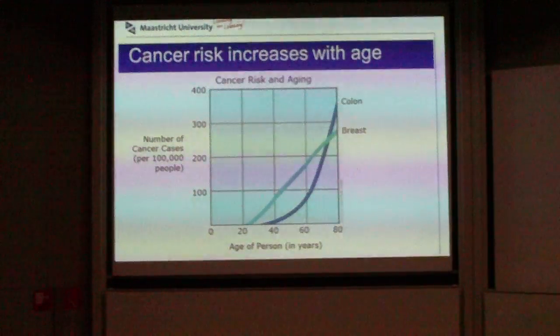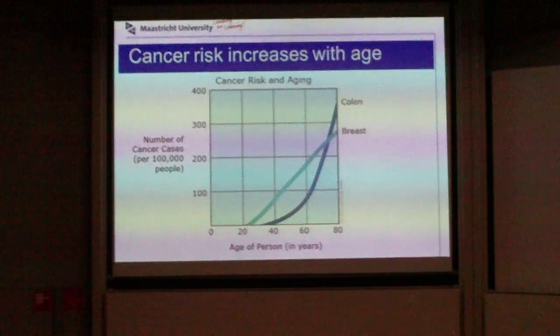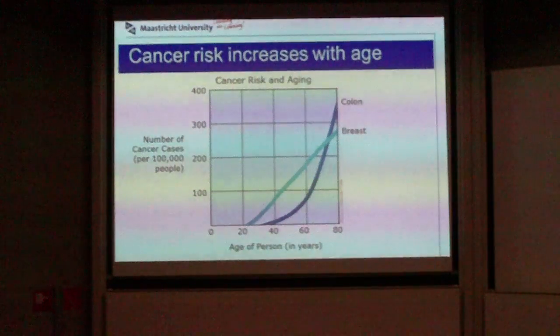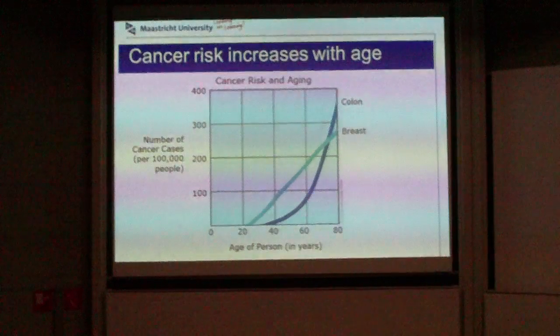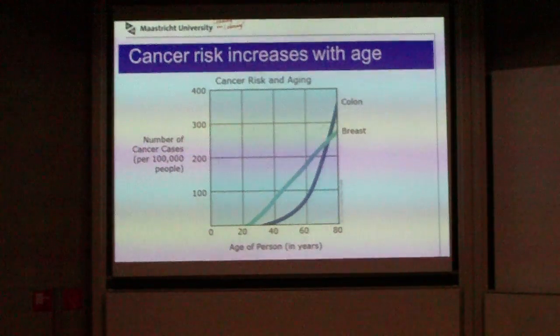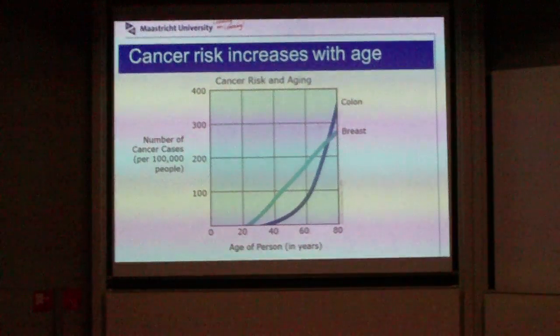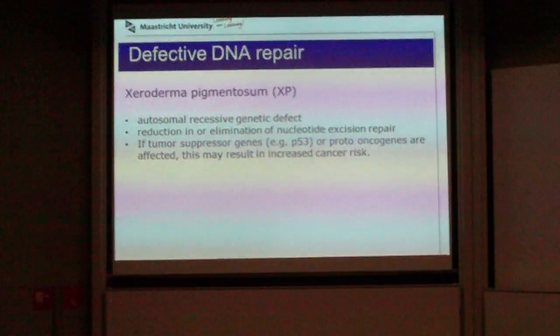So the risk increases, of course, with age, because if you have a longer time of exposure, a longer time that things can go wrong, and the incidence of cancer risk of aging increases because the time that you have to accumulate these mutations increases. It's actually quite logical if you understand the process behind it.